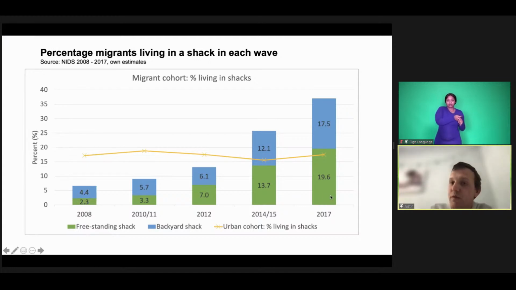By the time everyone's moved into an urban area in 2017, you can see that between 35 and 40% are now living in a shack, whether a backyard shack or an informal settlement. So clearly people need to move to a city, but do have to compromise on the quality of their life in terms of trying to find a place to live. And this invariably does mean living in an informal settlement. Having said that, even though it's higher than for the rest of the urban population, it is still only roughly 1 in 3 migrants who end up living in a shack. 2 out of 3 would have been classified in a formal dwelling.